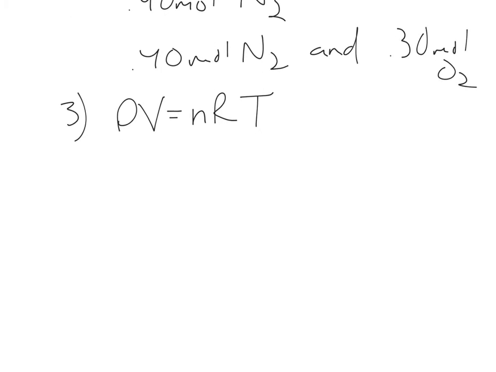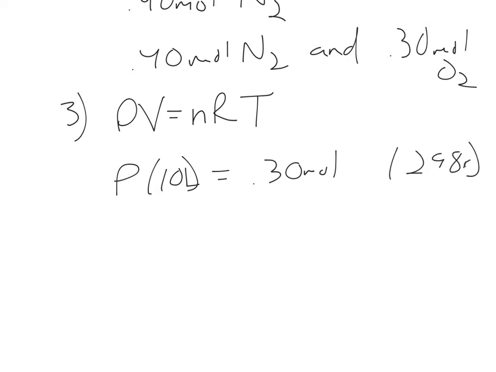Tank A, pressure is what we're looking for. Volume is 10 liters, equal to number of moles, which is 0.30 moles, times R times temperature, 298 Kelvin. Notice we're in Kelvin, liters, and moles, so we can use an R of 0.0821, and that will give us the pressure in atmospheres. That's liter atmospheres per Kelvin mole.